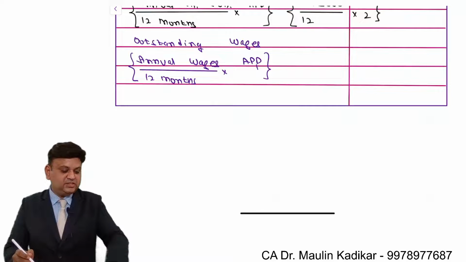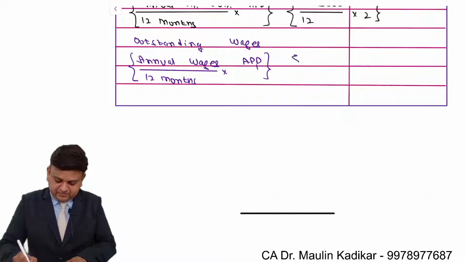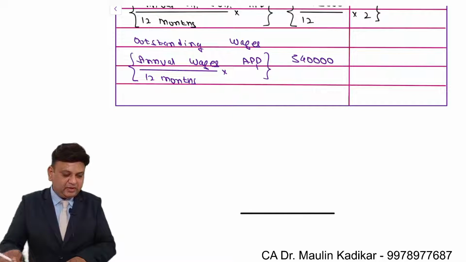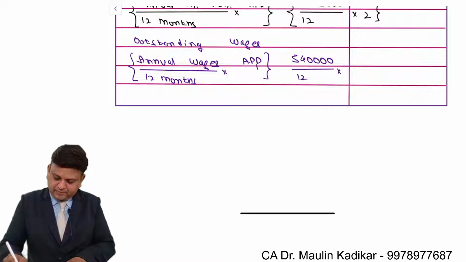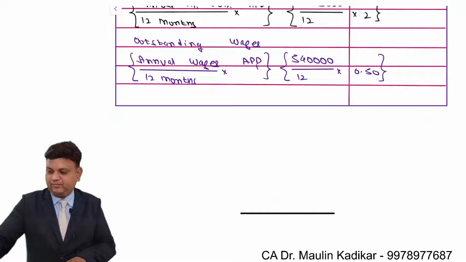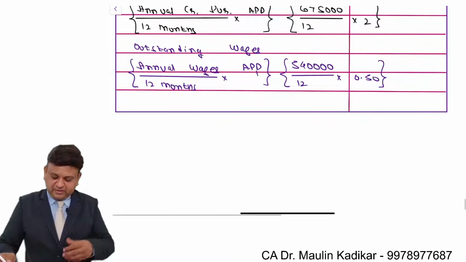What is annual wages? An amount of 5,40,000 divided by 12 into 0.5 is 22,500.